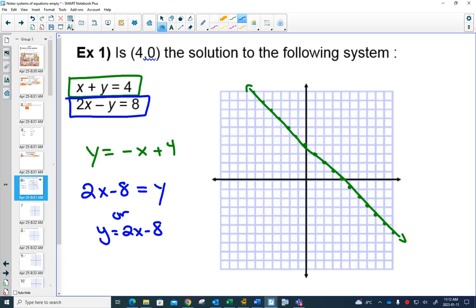It would have a y-intercept at minus 8 and a slope of positive 2. So that means I could go up 2 over 1, up 2 over 1, up 2 over 1. And we have the point where they intersect.